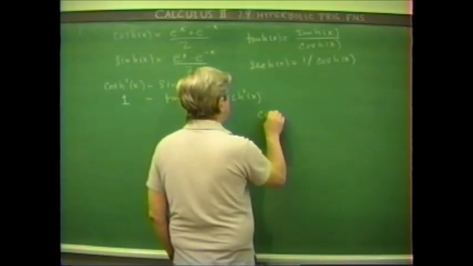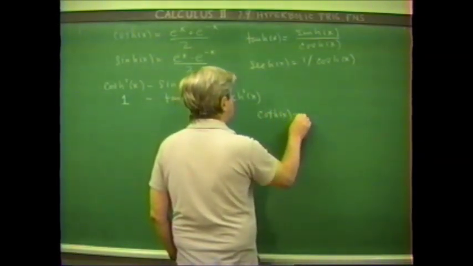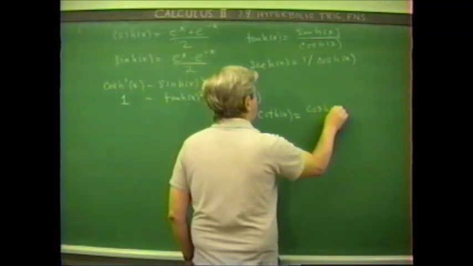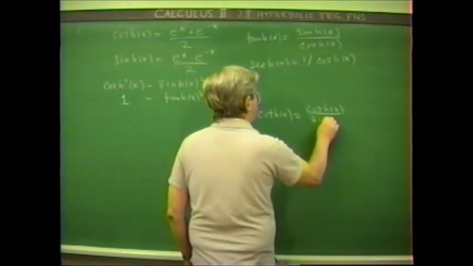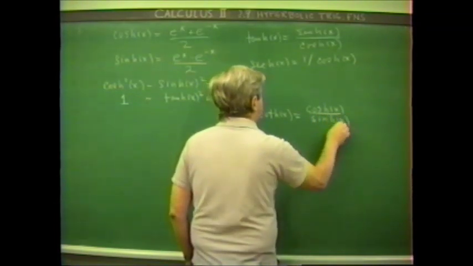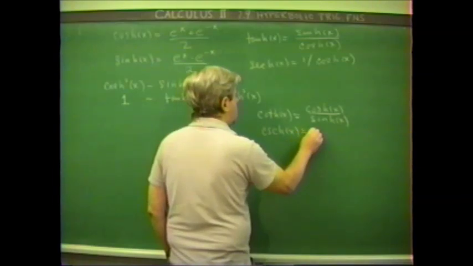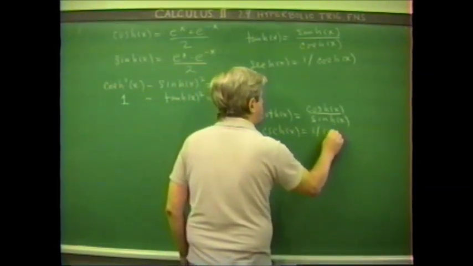The hyperbolic cotangent is hyperbolic cosine over hyperbolic sine, and the hyperbolic cosecant is 1 over the hyperbolic sine.